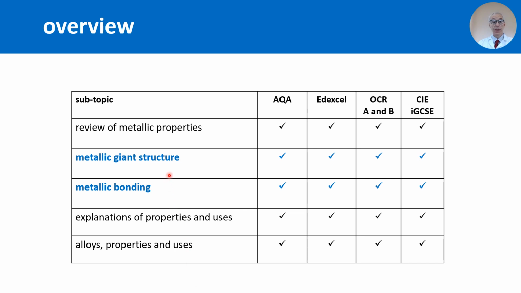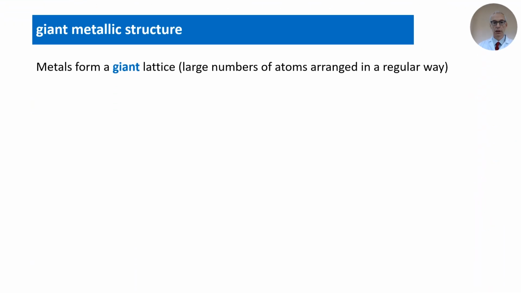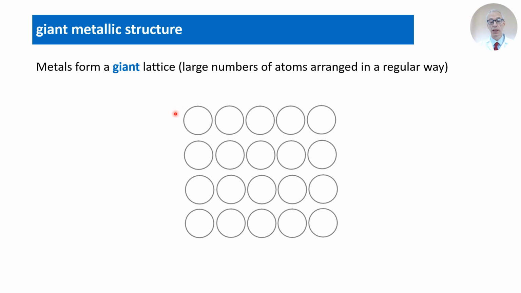So we're going to take metallic structure and metallic bonding together. So metals form a giant lattice, by which we mean there are large numbers of atoms arranged in a regular way. And we would normally represent them in diagrams such as this, where we have layers of atoms lying on top of each other.